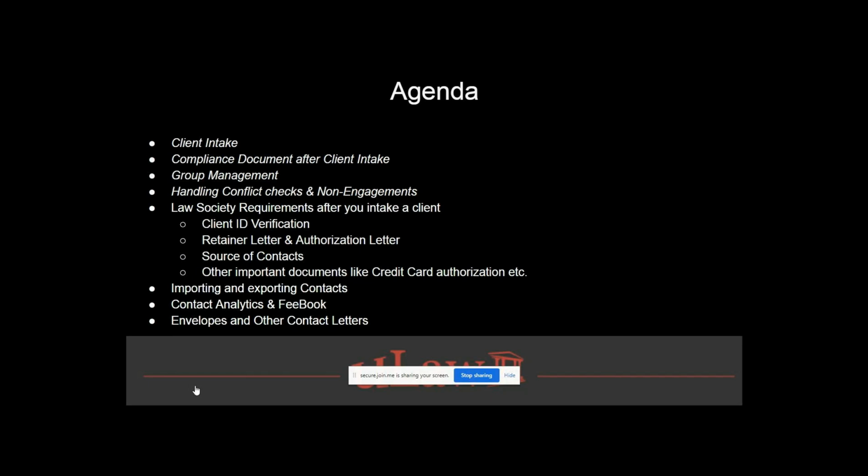Source of contacts, which is one of the examples that we wanted to present, is an important document from a law society standpoint to ensure that you're more than a marketing firm that provides leads to other legal firms, or if you're actually a legal firm delivering that legal work. It also works out to be a fantastic marketing document because it gives you the information about where all your leads, or sources of contacts, if you will, are coming from on a periodic basis.